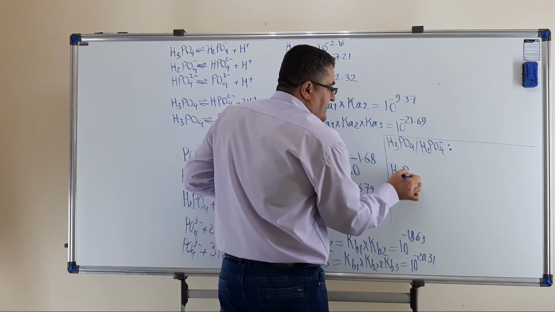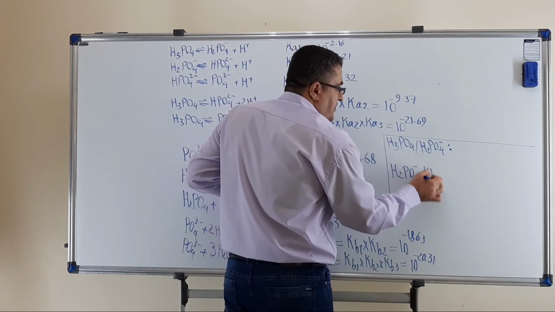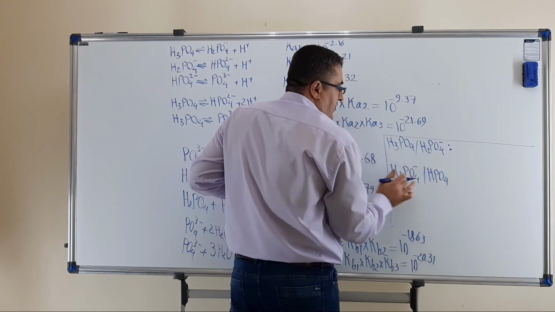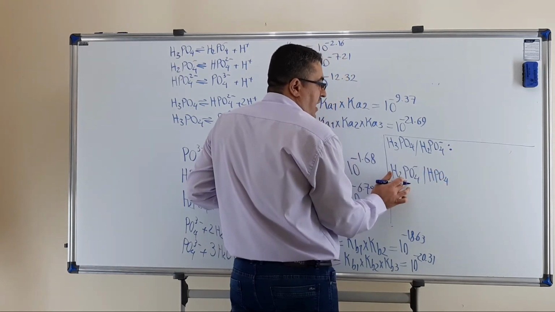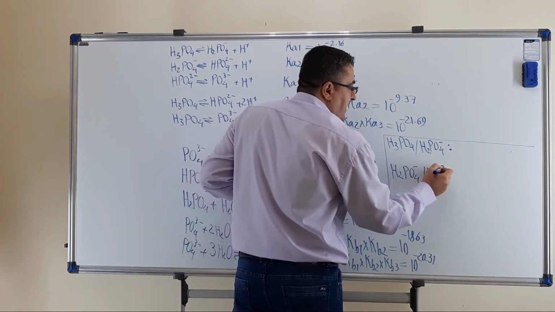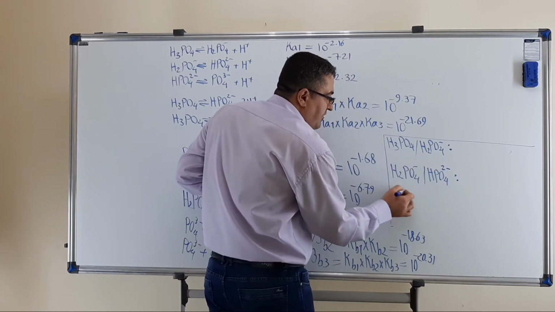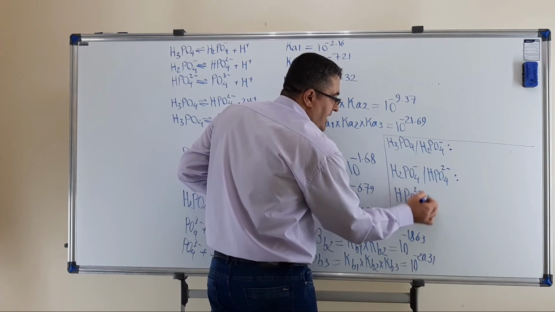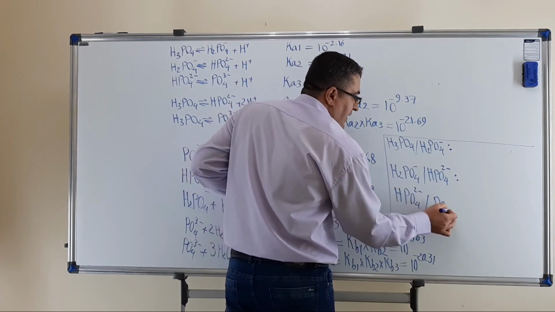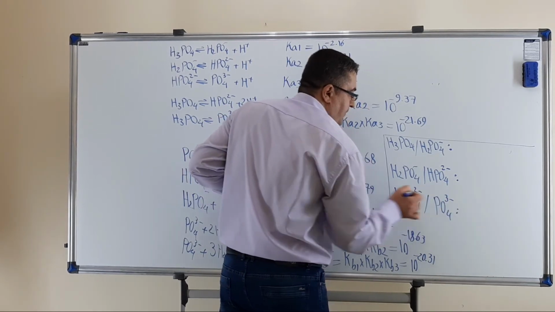Dihydrogen phosphate as the conjugate acid, hydrogen phosphate as the conjugate base. Hydrogen phosphate as the conjugate acid, phosphate as the conjugate base.